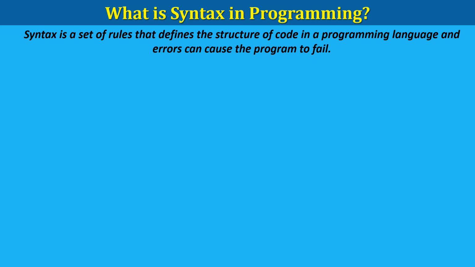What is syntax in programming? Syntax is a set of rules that define the structure of code in a programming language, and errors can cause the program to fail. Without proper syntax, programs would be error prone and difficult to interpret, causing a communication breakdown between the code and the computer.